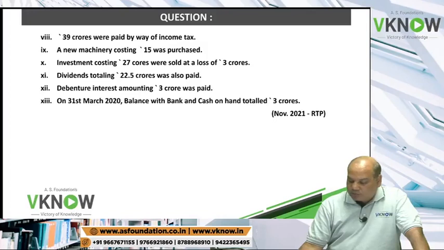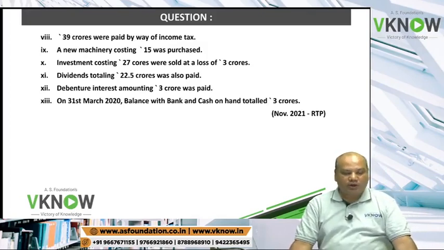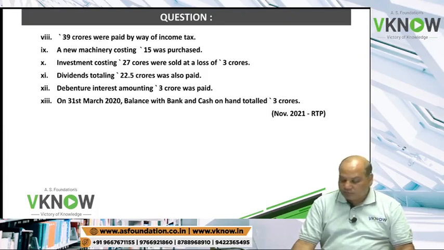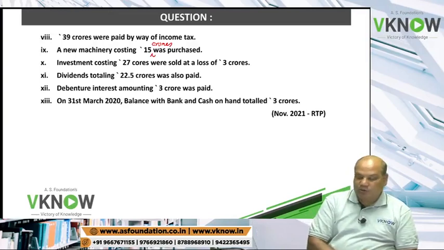Point number 8, rupees 39 crores were paid by way of income tax. Point 9, a new machinery costing rupees 15 crores was purchased.